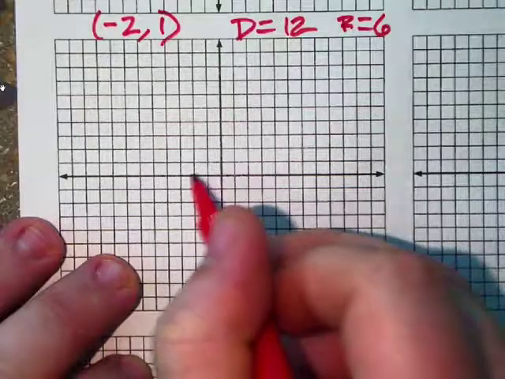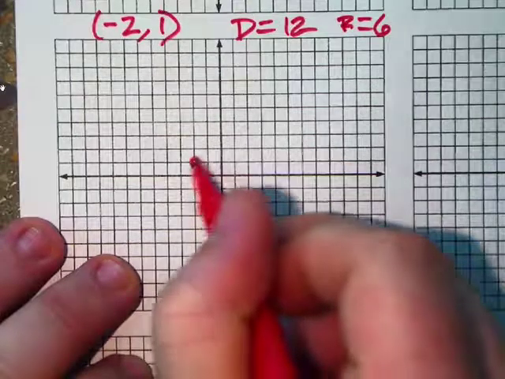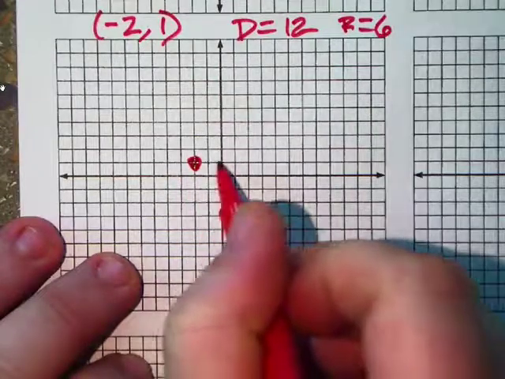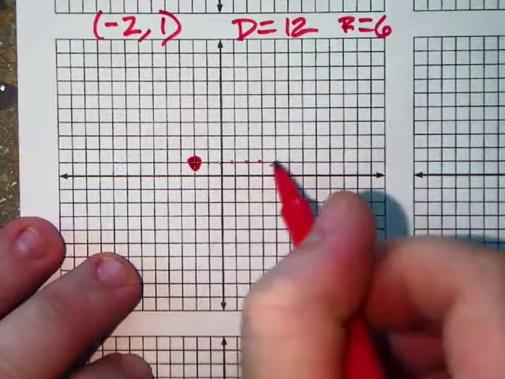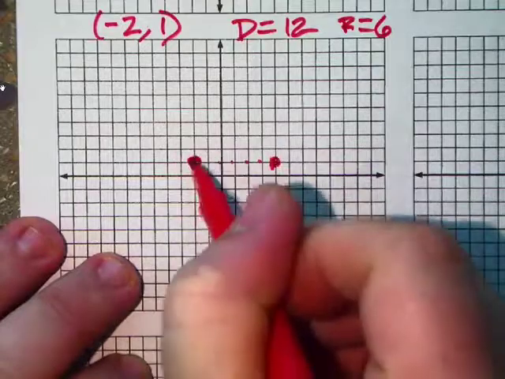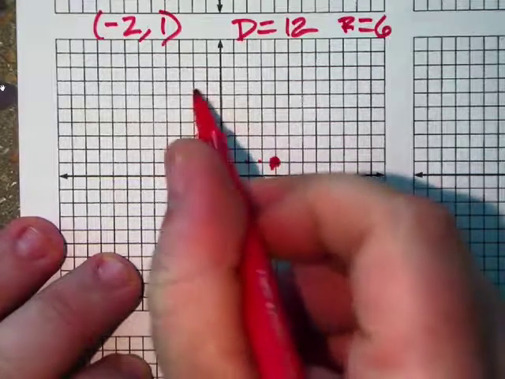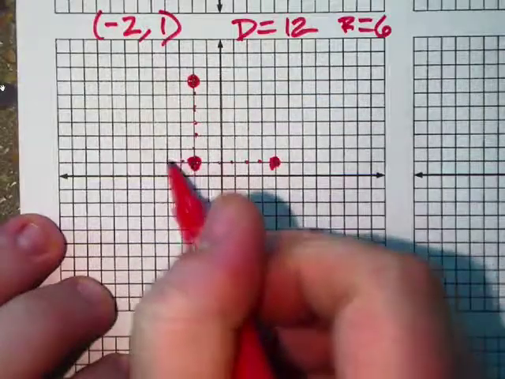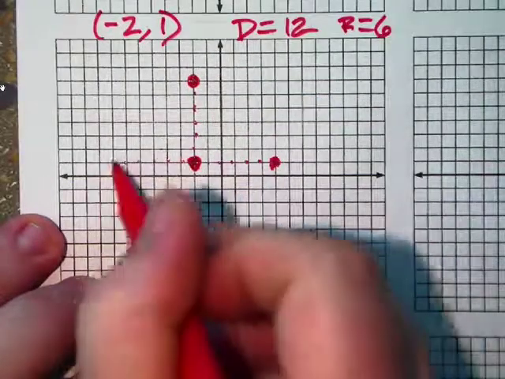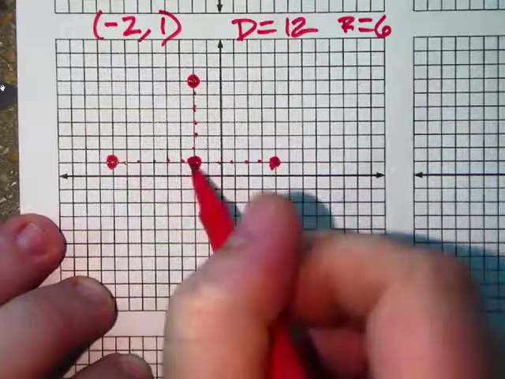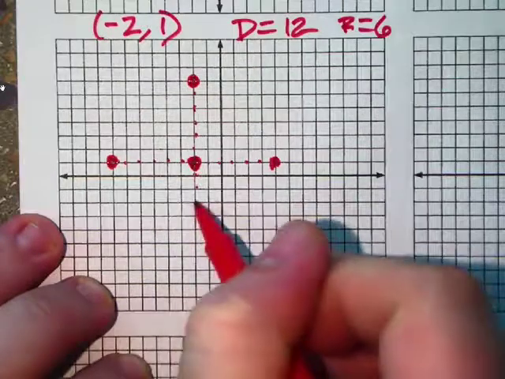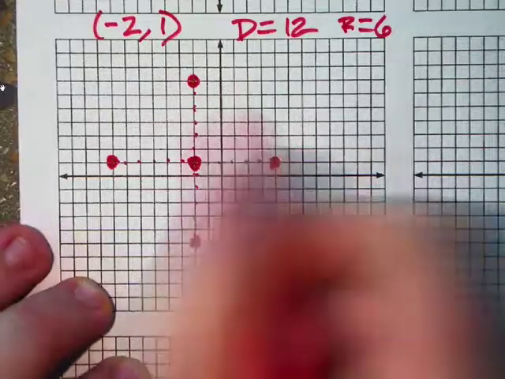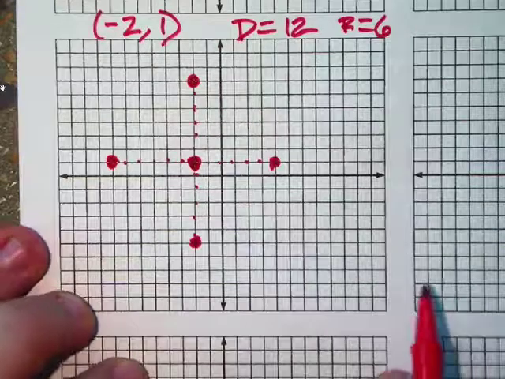It's negative 2, 1, so here's the center. The radius is 6, so we count 1, 2, 3, 4, 5, 6 in each direction. Now we have our 4 points that we can just plot.